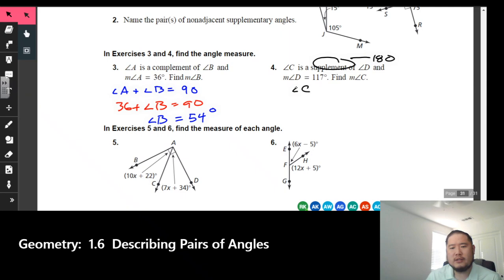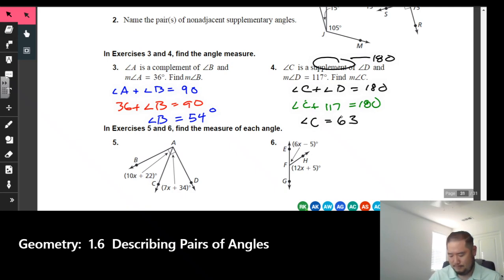So I could say angle C plus angle D is equal to 180. Since they gave us one of the angle measures, I can go ahead and put angle C plus 117 is equal to 180. We go ahead and subtract 117 from both sides, and angle C is equal to 63 degrees.